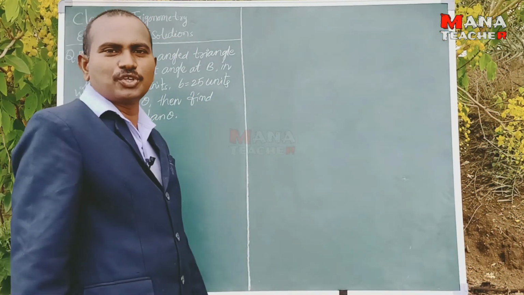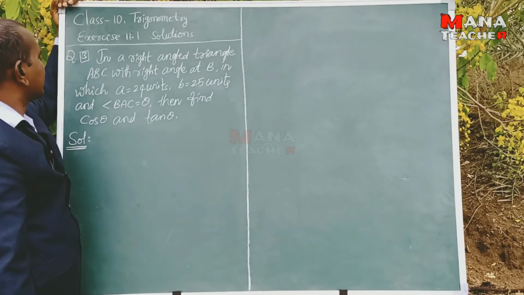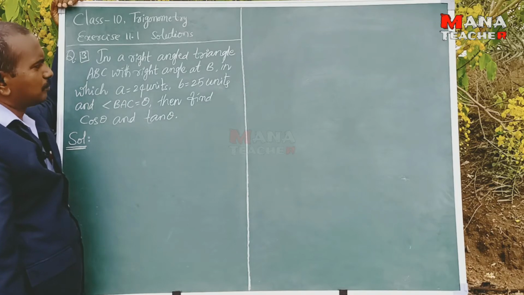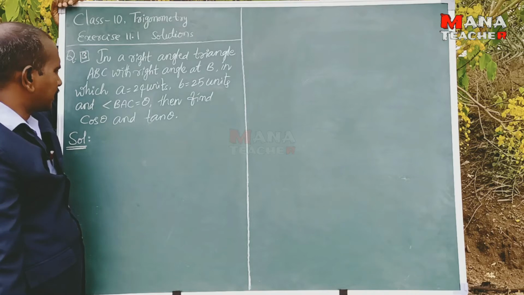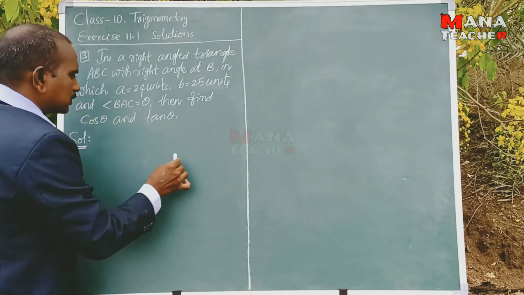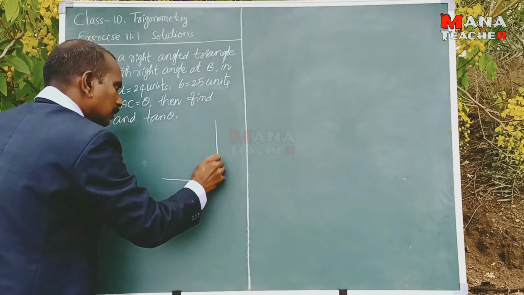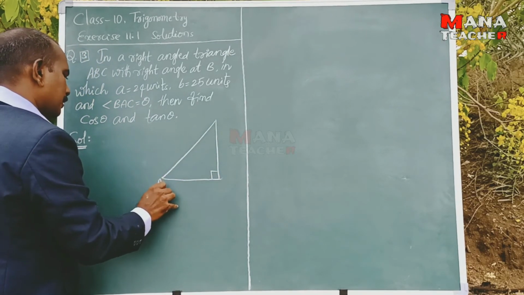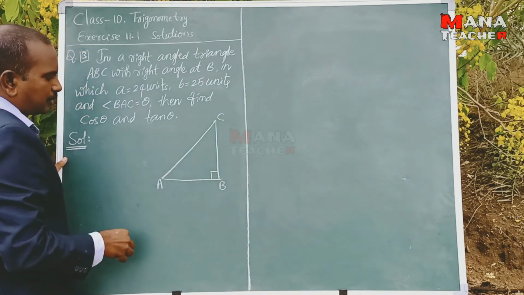Now third question. In a right angle triangle ABC, right angle at B, in which a equals 24 units, b equals 25 units, and angle BAC equals theta. Now find cos theta and tan theta. First draw the diagram of the right angle triangle ABC.